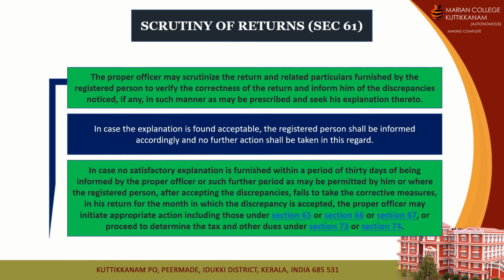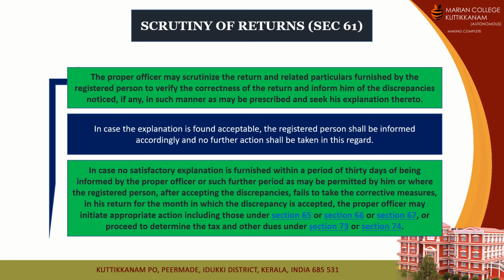So once the returns are filed by the taxable person, the returns filed will be scrutinized by the proper officer with the related particulars and evidence filed along with the return.